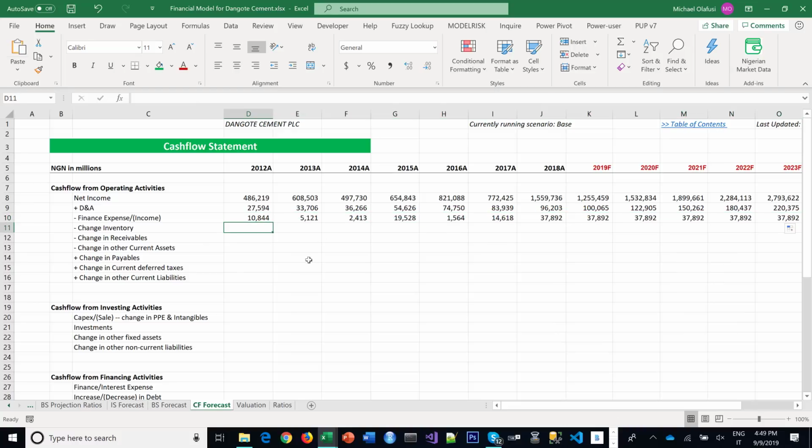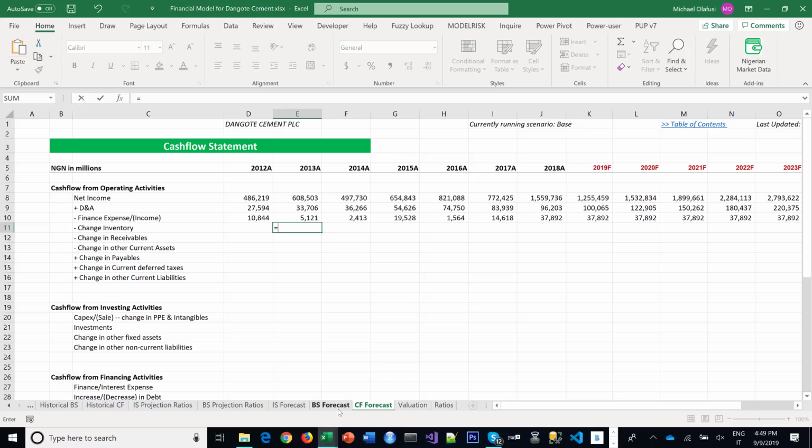Then the change in inventory. So for change in inventory, I don't have 2011 on that other side, so maybe I'll just go do it in the historical. Okay, not to complicate things, we'll skip 2012, we'll do for 2013.